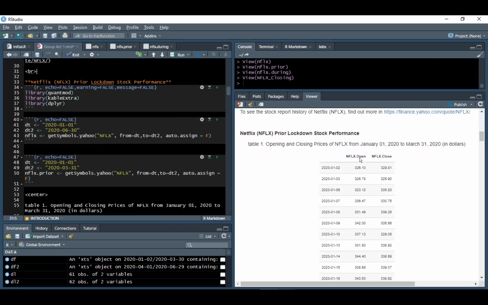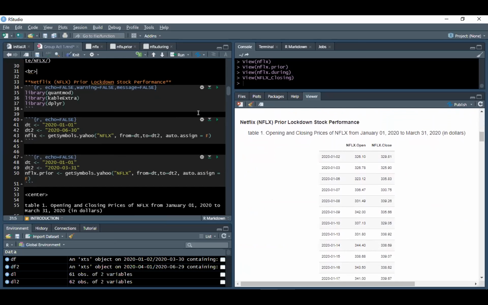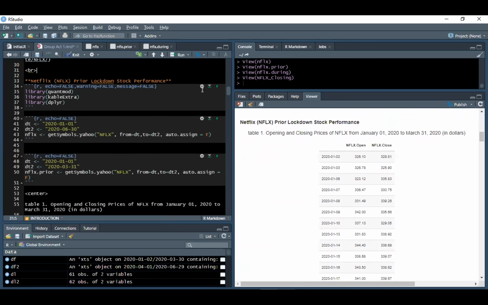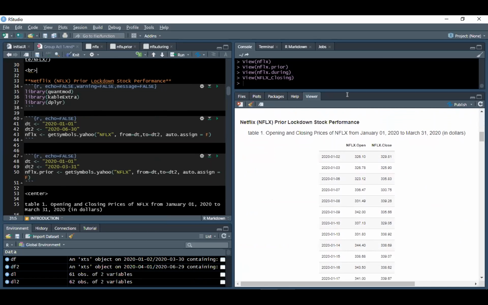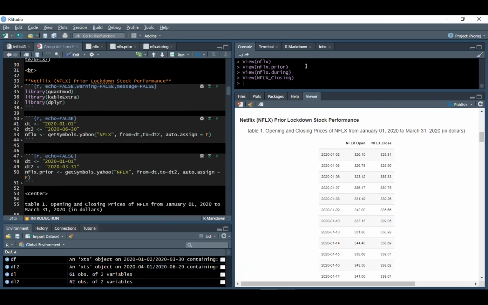Okay, so for us to be able to present and run our code, we first activated certain packages through install packages and used the library function. We've also made sure to set echo, warning, and message to false so that these would be hidden in the HTML file. So the first package is quantmod, which is the quantitative financial modeling framework, a prototype environment with comprehensive tools for data management and visualization to assist quant traders.